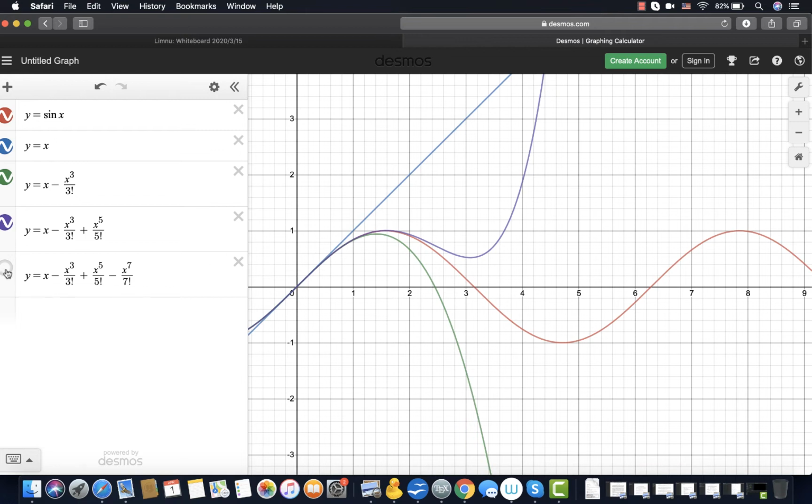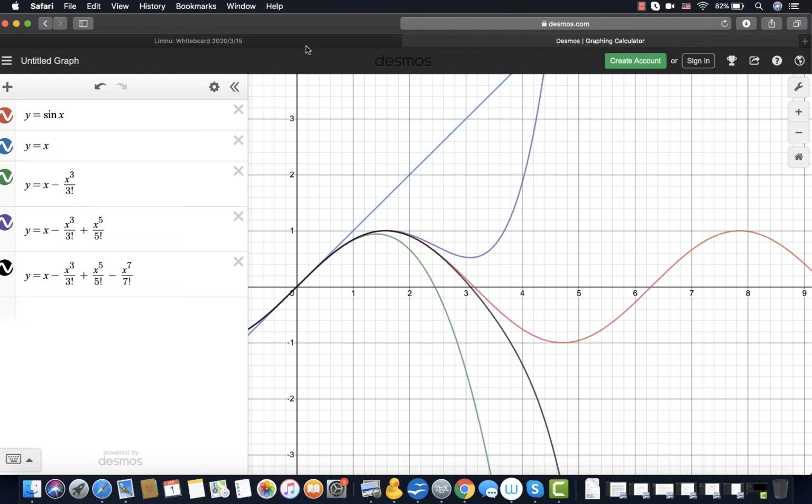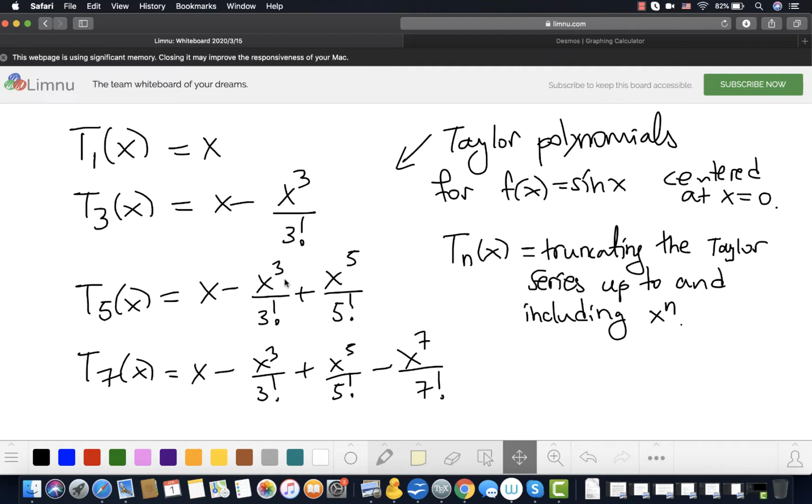And then we have the order 7 Taylor polynomial. It's even better. The last one here is given in black, and it goes all the way until here. So hopefully this gives you nice graphical evidence that as you increase n, the nth order Taylor polynomial will get closer and closer to the function.